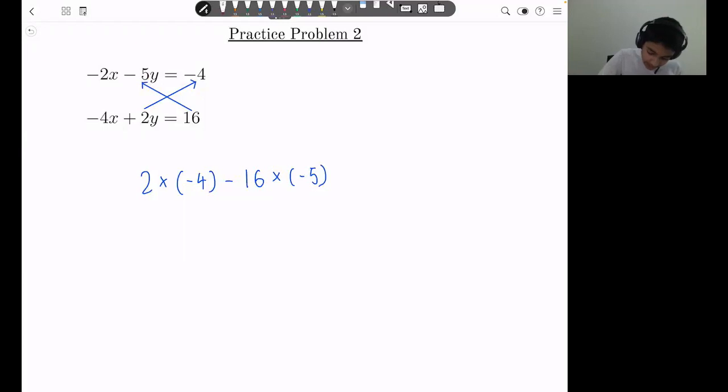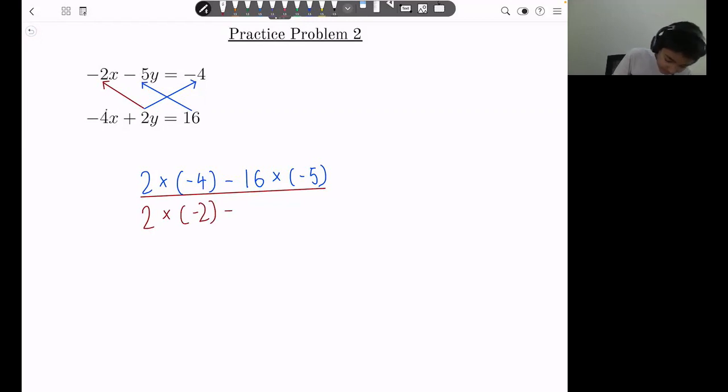And then after that, we divide it by the diagonal product from the other side. So the product of 2 and negative 2. So 2 times negative 2, remember including the negative sign there, minus negative 4 times negative 5. And this is just equal to 2 times negative 4 is negative 8 minus 16 times negative 5.